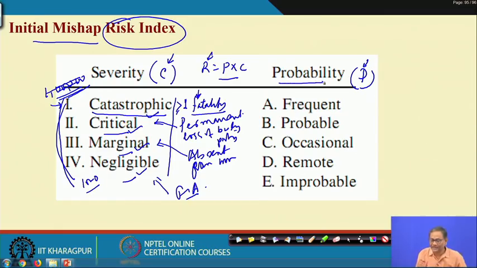Similarly, probability can be quantitative or qualitative. Qualitative means frequent. Suppose the work has been done 100 times, and 10 times the incident occurs. So, that is frequent. Probable, maybe 4 to 5 times out of 100. Occasional, maybe 2 to 3, remote maybe 1 to 2, improbable less than 1.